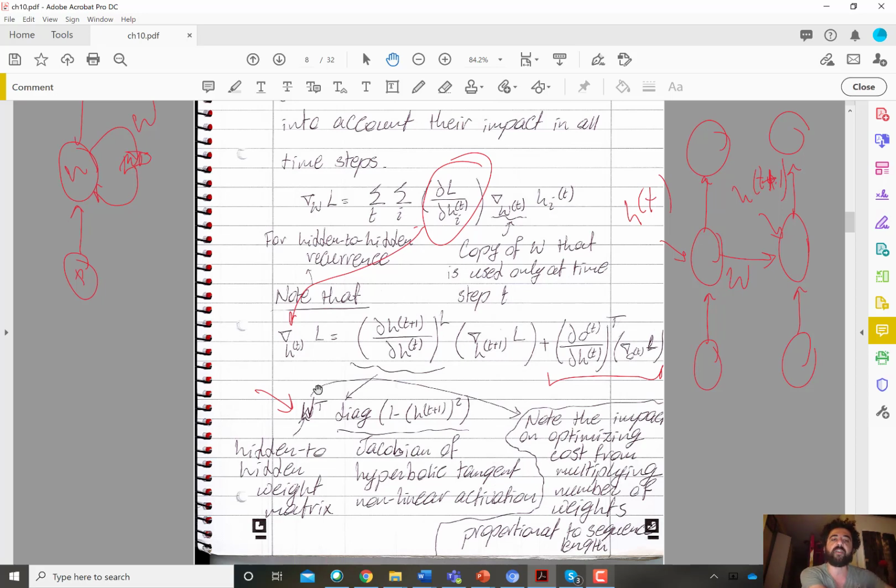If I am very early, I affect the loss through multiple connections, through the direct connection to the output at the current time step, and through the connection to the next hidden layer. But that connection to the next hidden layer affects a lot of outputs, right? So a hidden layer activation in the first time step will affect the outputs in all the time steps in the sequence, right?